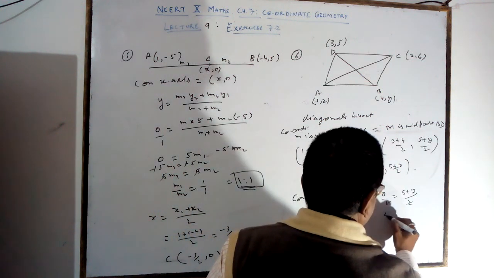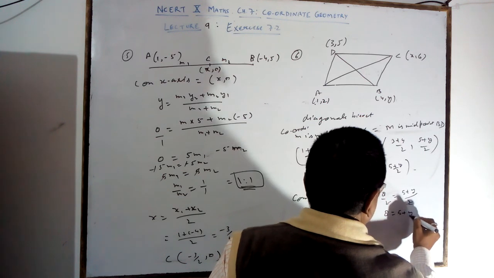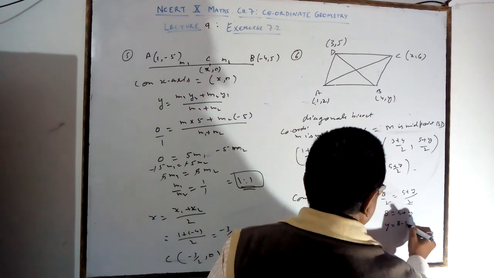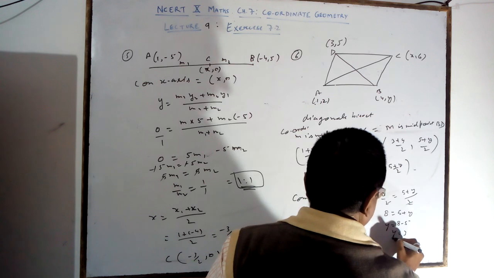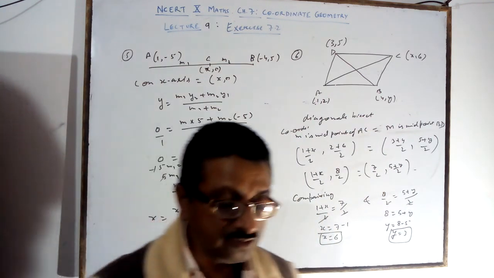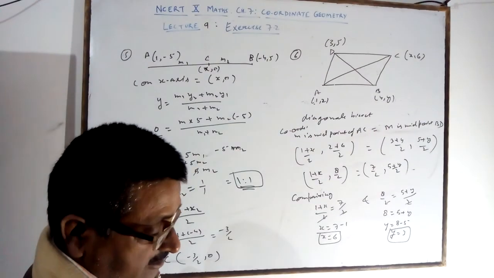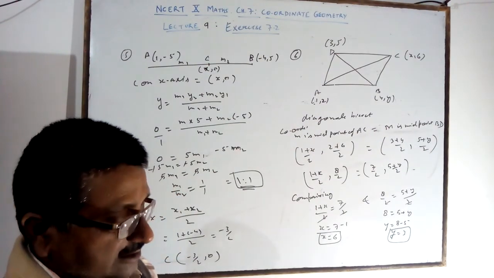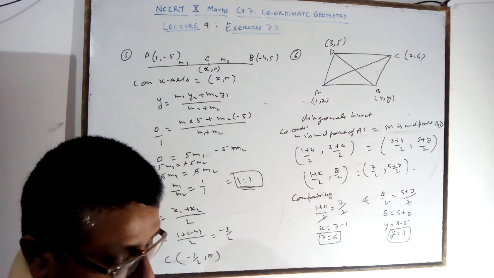And 8 is equal to 5 plus y, then y is equal to 8 minus 5, that is 3. So x is equal to 6 and y is equal to 3.